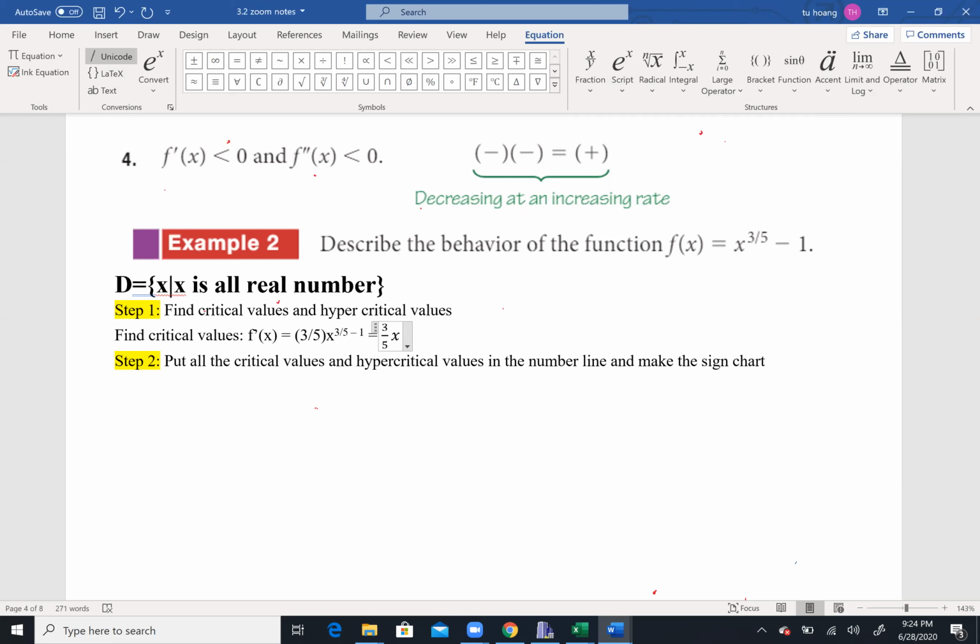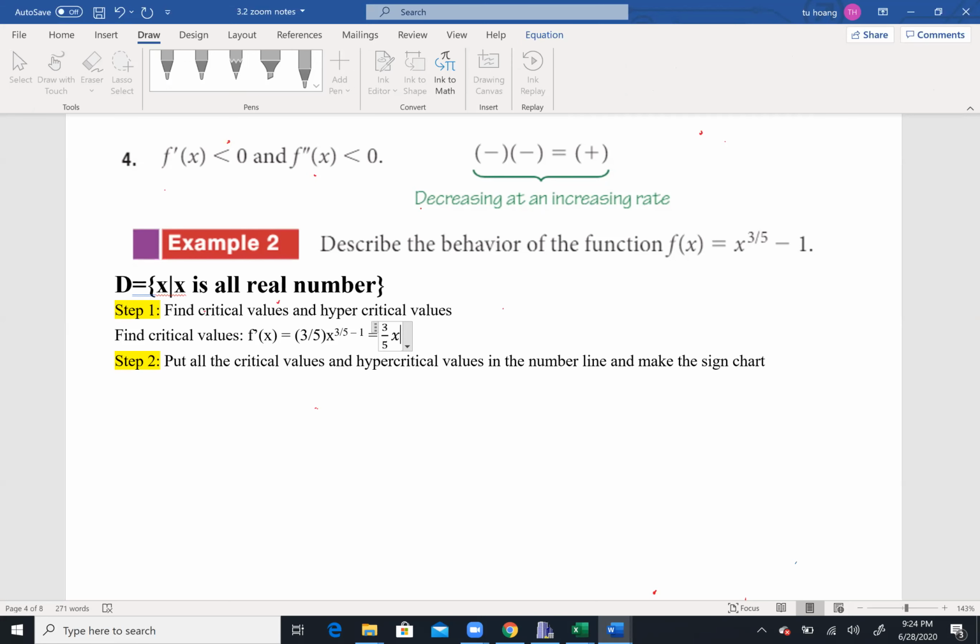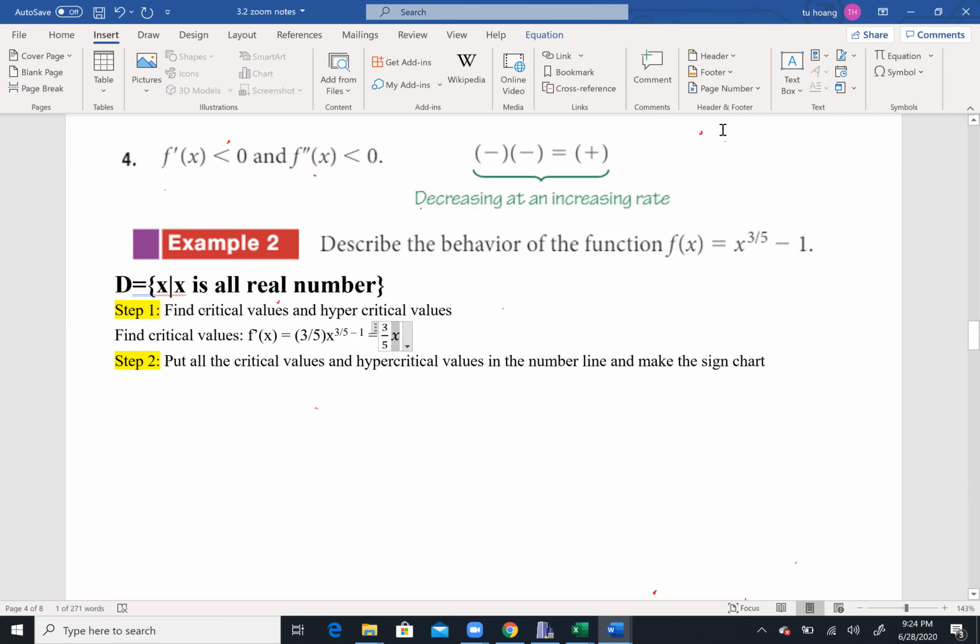You need to know that 3/5 minus 1 means 3/5 minus 5/5, which gives you negative 2/5.